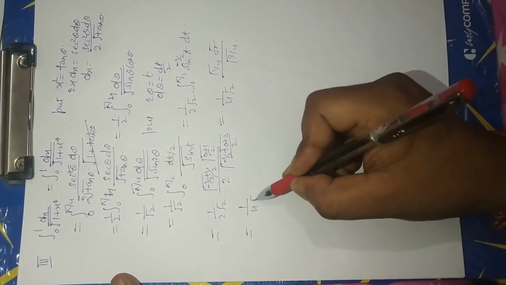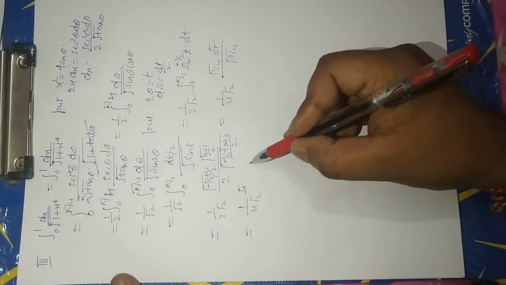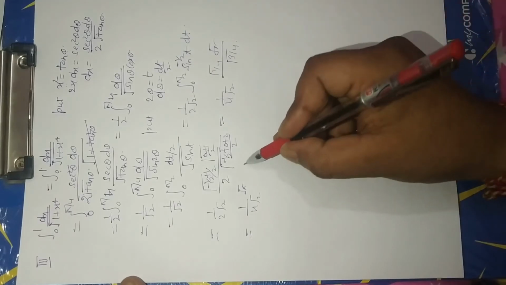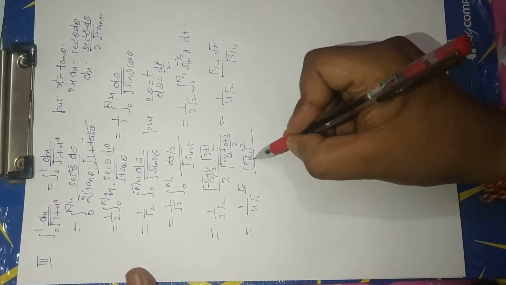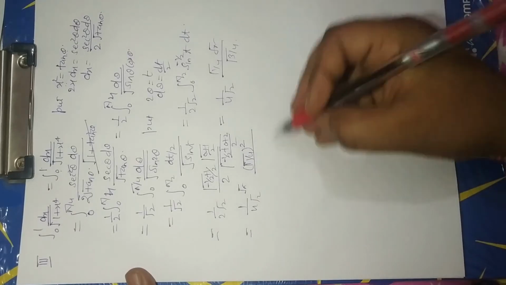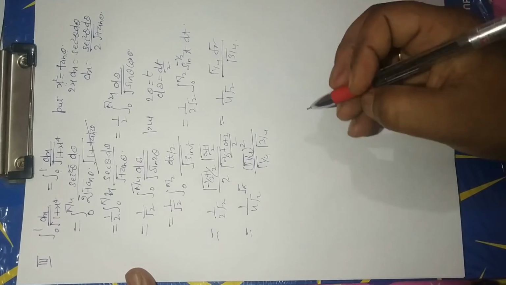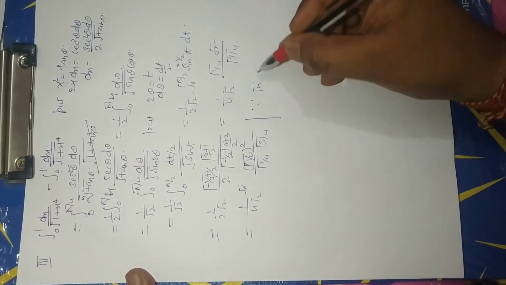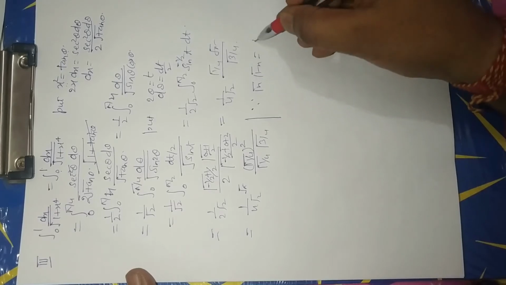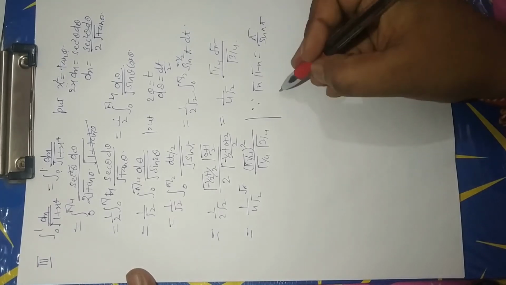Now 1 by 4 under root 2, under root pi, gamma 1 by 4, multiplied and divided by gamma 1 by 4, gamma 3 by 4. Now gamma n times gamma 1 minus n is pi upon sin n pi, apply again.